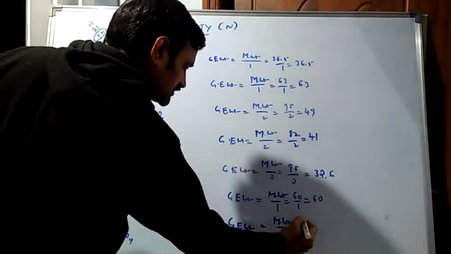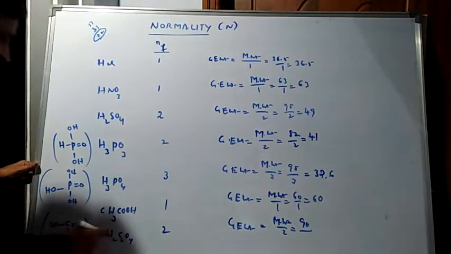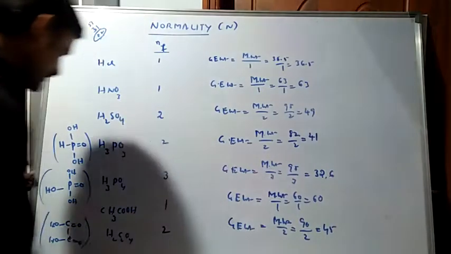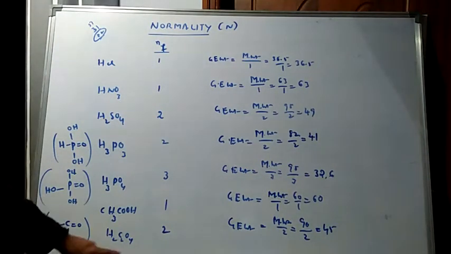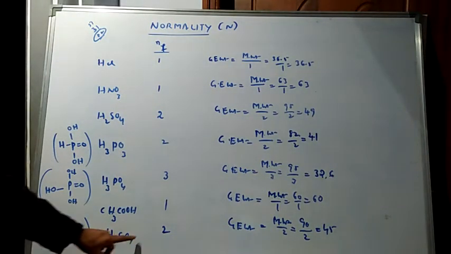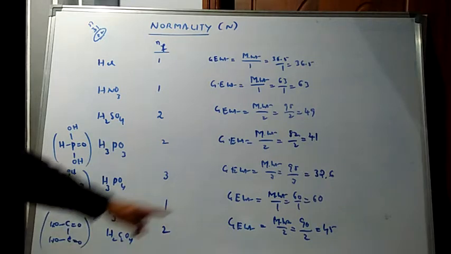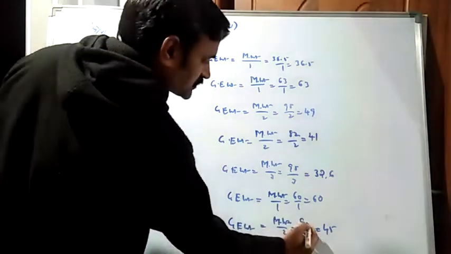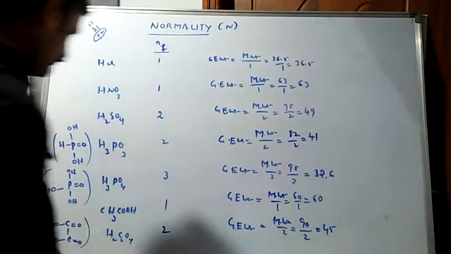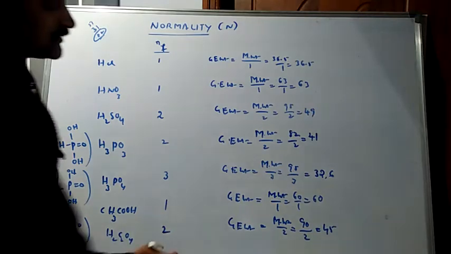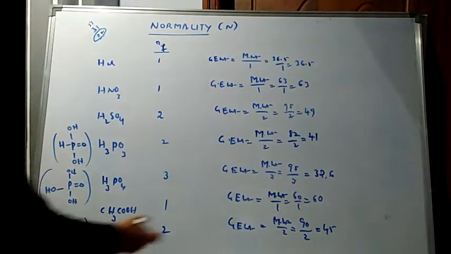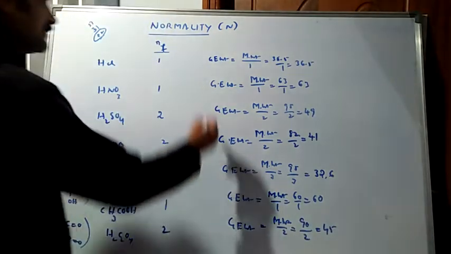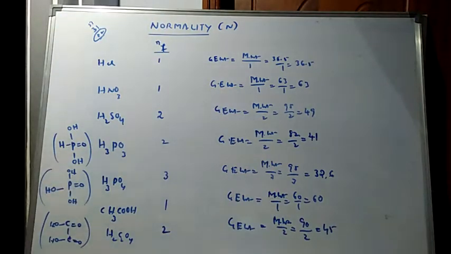The molecular weight of this one is 90. 90 by 2 is 45. For example, if they give the dihydrate, it means 2 waters will also come in the crystalline state, so you will see 126 for that one when you consider 2 waters. You should see this exactly from the formula given in the problem. Depending on the formula, we will write 90 by 2, and 45 will come for this oxalic acid.